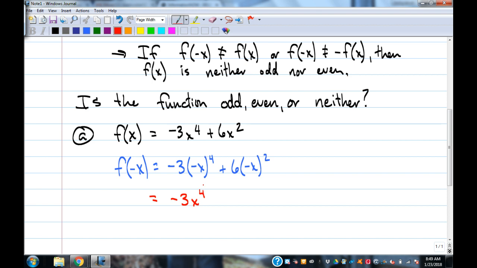Yeah. So that piece right now, it's the same as the original. Okay. When I square negative x, what does that turn into? Positive x squared. Positive x squared times 6 comes back as positive 6x squared. Is that the original? Yes.